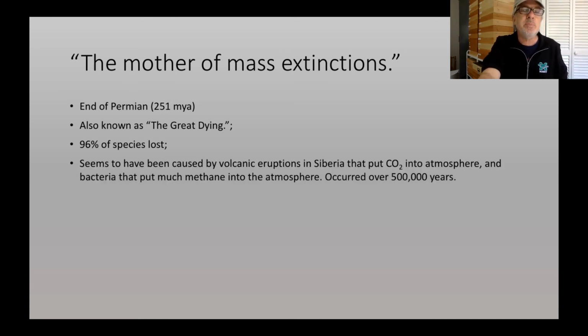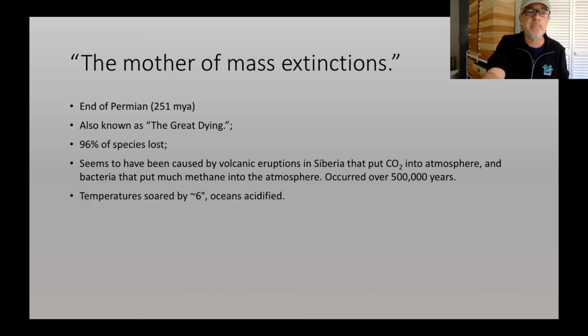It seems to have been caused by volcanic eruptions in Siberia that put CO2 into the atmosphere and bacteria that simultaneously put a huge amount of methane in the atmosphere. And this caused incredibly rapid warming over a 500,000 year period.